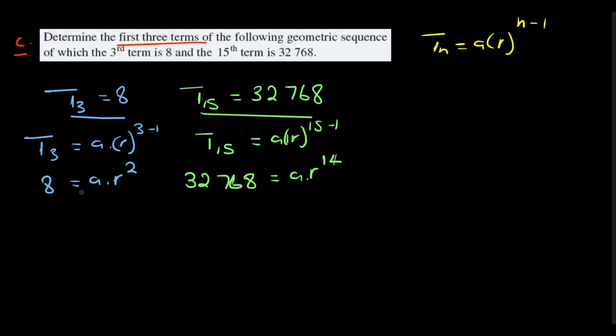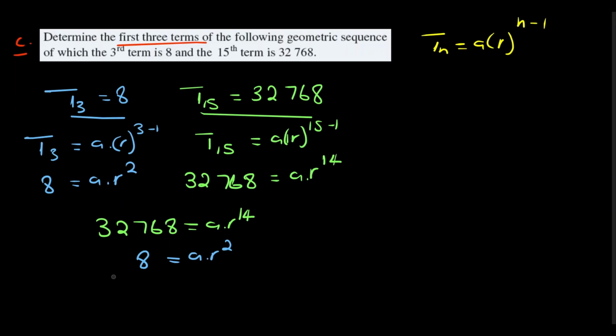The easiest way here is, instead of using substitution, we can just use elimination by dividing these 2. So let me write these equations down: 32,768 equals A R to the power of 14, and 8 equals A R squared.